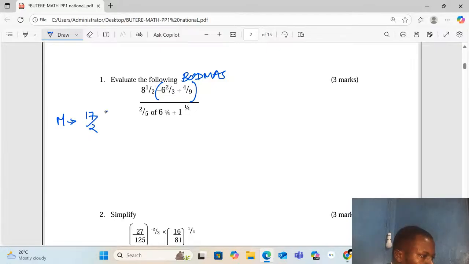Now we deal with what is in the bracket, the division. So this is now -20/3. Division is multiplication by the reciprocal, which is 9/4.